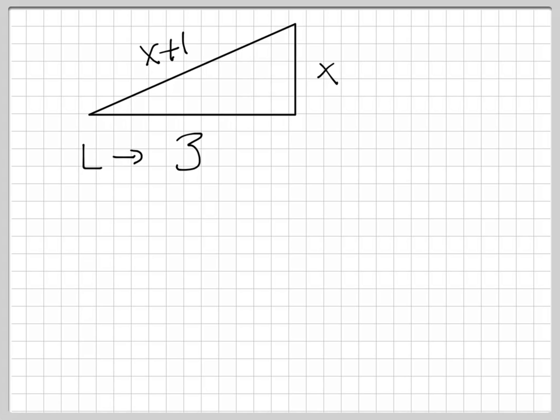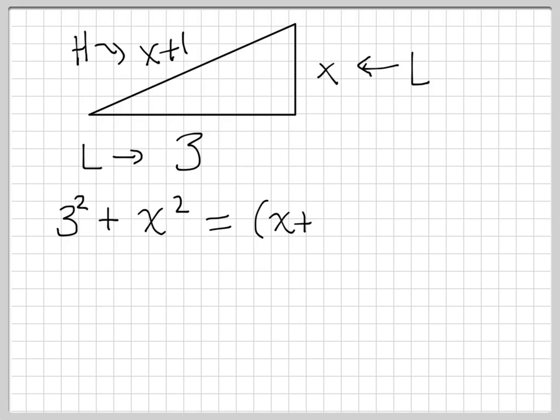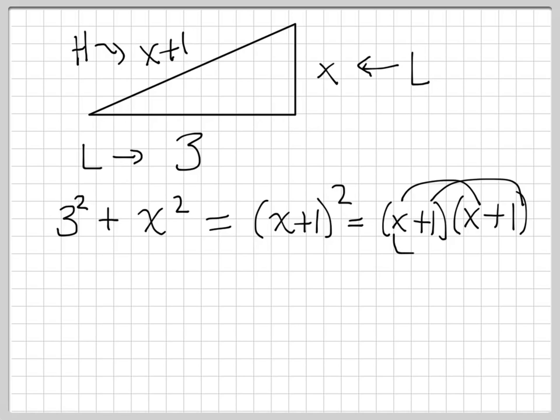This is a leg, that's a leg, and that represents a hypotenuse, and so you have 3 squared plus x squared equals x plus 1 squared. Now, x plus 1 squared is x plus 1 times x plus 1, and we have to remember to FOIL, so we're going to multiply 4 things, and we'll get 9 plus x squared equals x squared plus 2x plus 1.